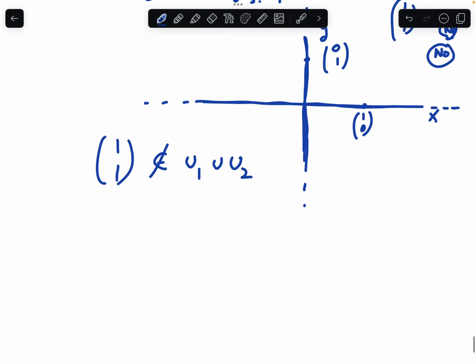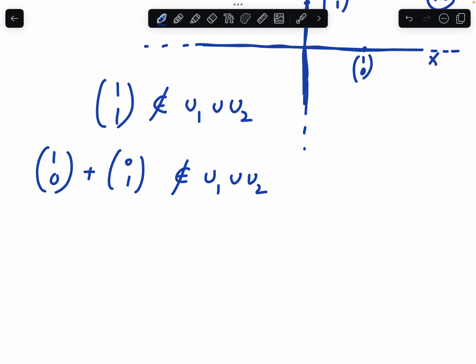That means (1, 0) plus (0, 1) is not inside the union, whereas each of these is inside the union.